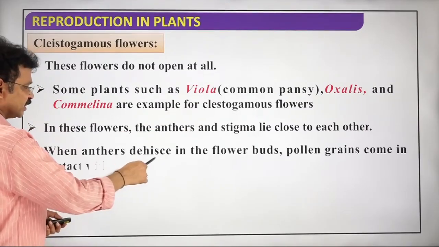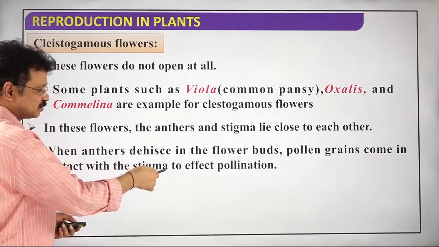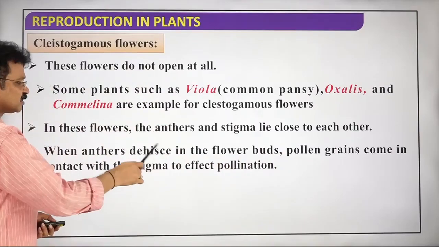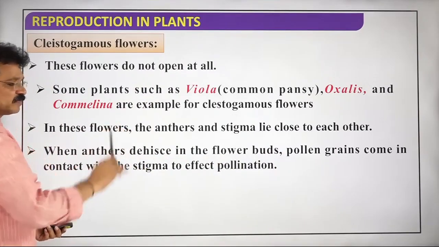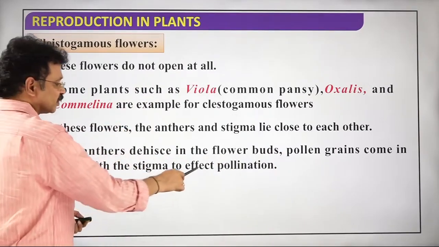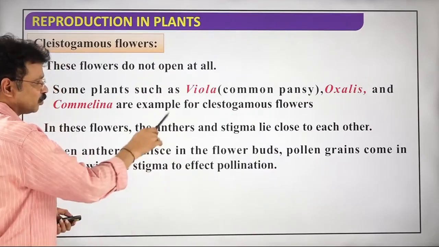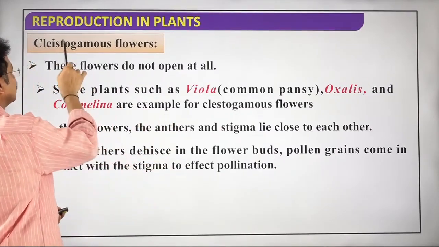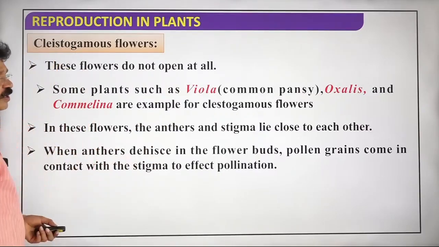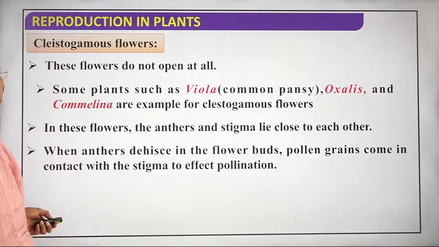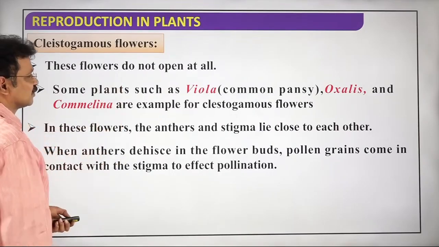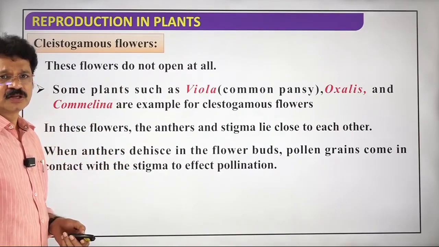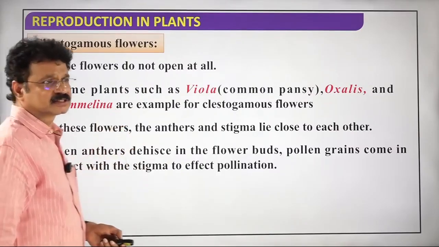When anthers dehisce, dehiscence meaning breakage or cleavage within the floral bud, the pollen grains come in contact with the stigma of the same flower. Then self-pollination occurs. Without pollinators, any kind of pollen transferring agents, self-pollination is possible in clistogamous flowers. Cross-pollination fails to occur. One of the major disadvantages of clistogamous flowers is that cross-pollination is not at all possible. The only possible kind of pollination is self-pollination.